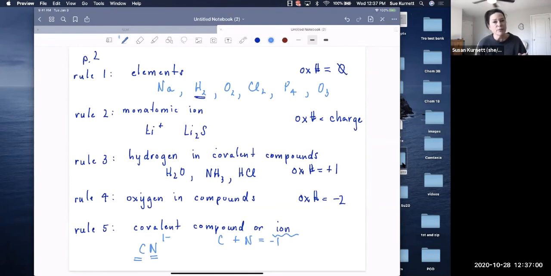Because nitrogen is on the right, I'm going to pretend it's nitride. What charge would nitrogen as a monatomic ion have? -3. Because it's in group 5, it would be -3. So carbon -3 has to add up to the overall charge, which is -1. Add 3 to both sides, and in this setting, carbon has an oxidation state of +2.